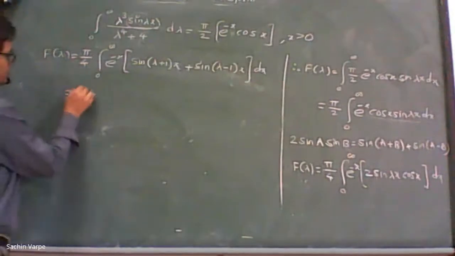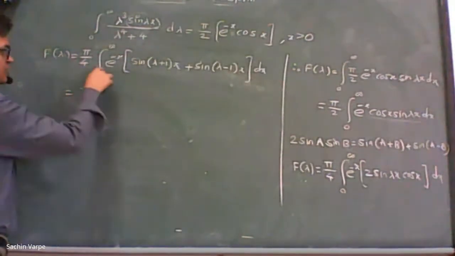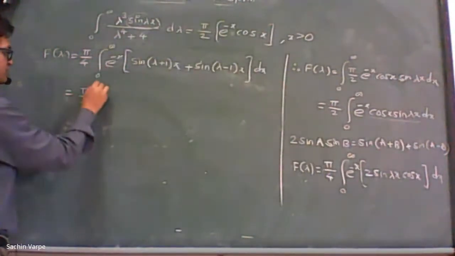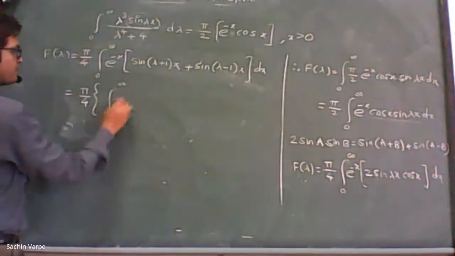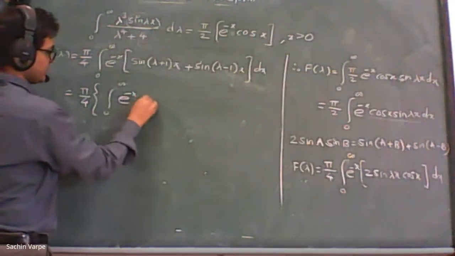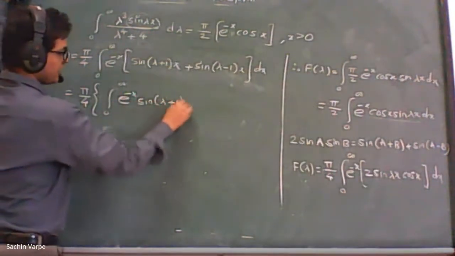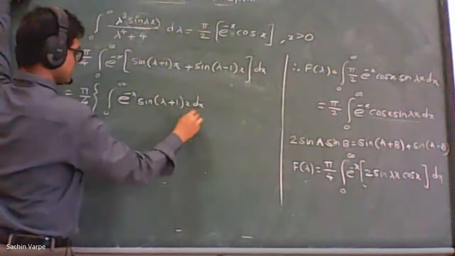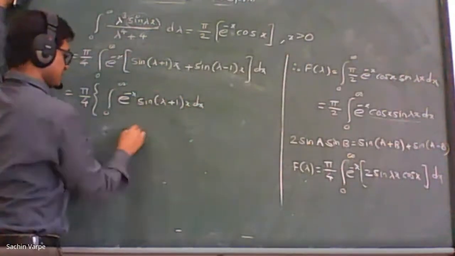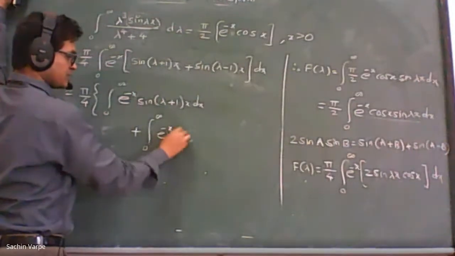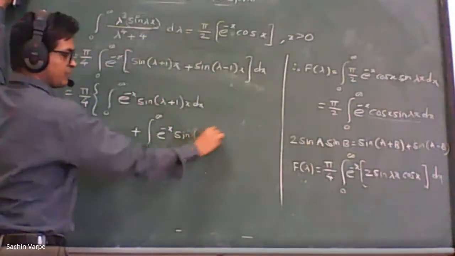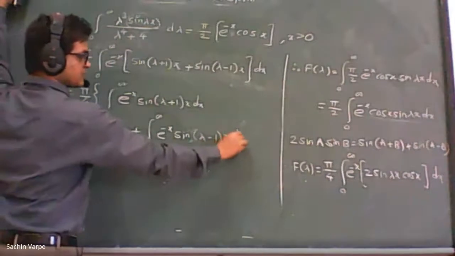So that is equal to pi by 4 times, now let us split this integration over these two functions. Integration from 0 to infinity e to the power minus x sine of lambda plus 1 x dx, plus integration from 0 to infinity e to the power minus x sine of lambda minus 1 x dx.